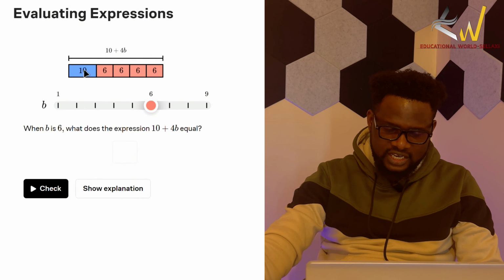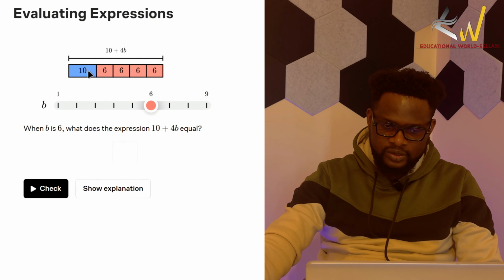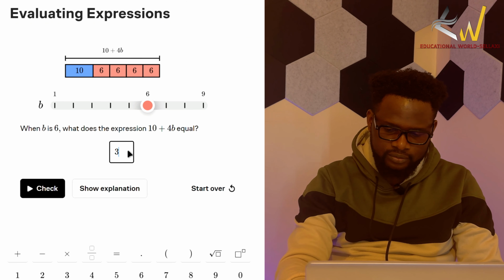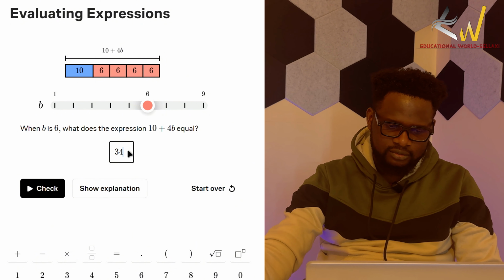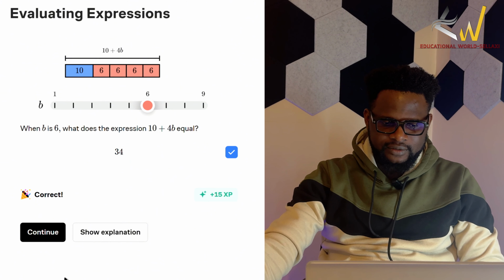We have 10 here. We have 6 plus 6 plus 6 plus 6. 6 times 4 is 24. 24 plus 10 is 34. So when b is 6, the expression 10 plus 4b equals 34. That's correct. Good. All right, so let's continue.